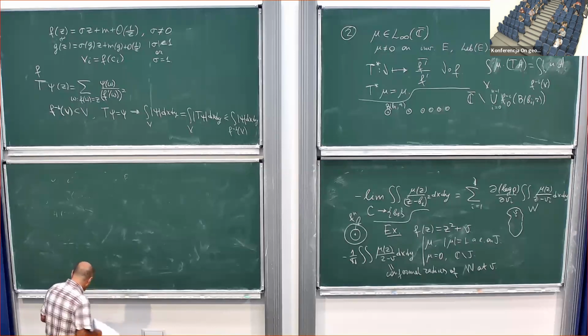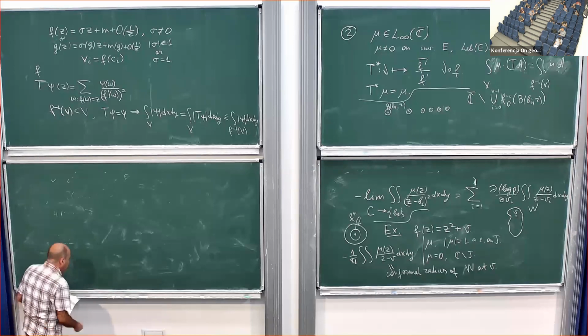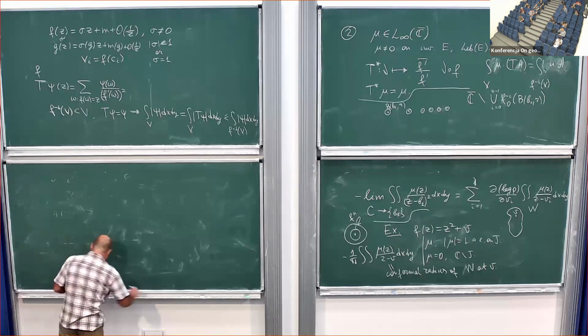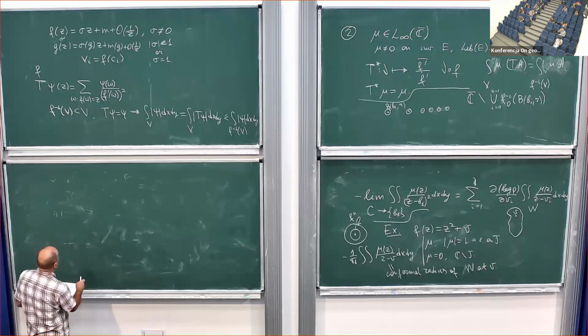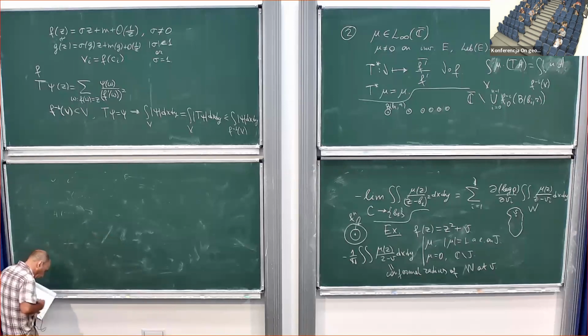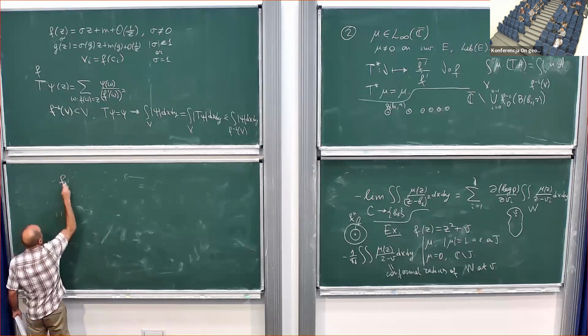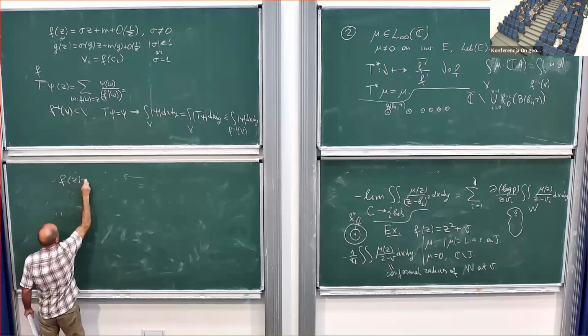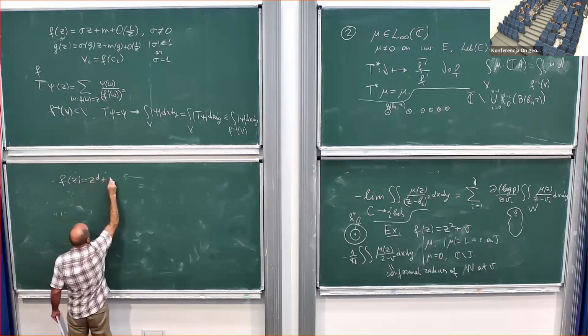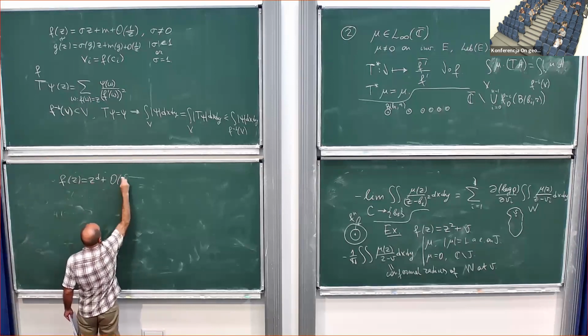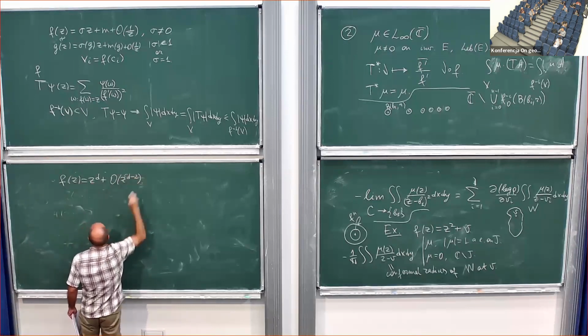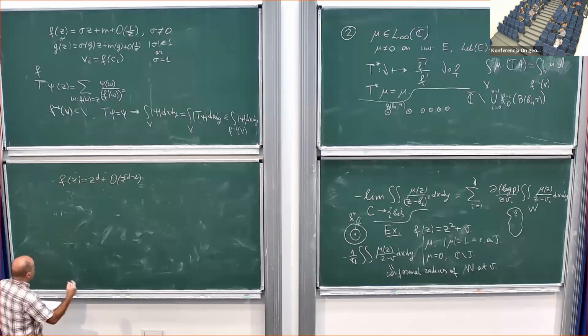So let's consider the polynomial space of monic-centered polynomials. So F is a monic-centered polynomial. And the corresponding local space with critical values as local coordinates.